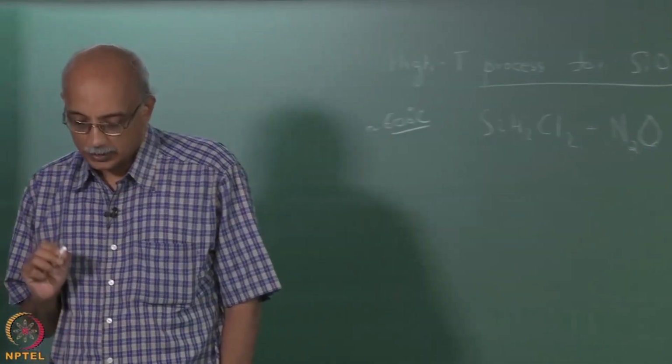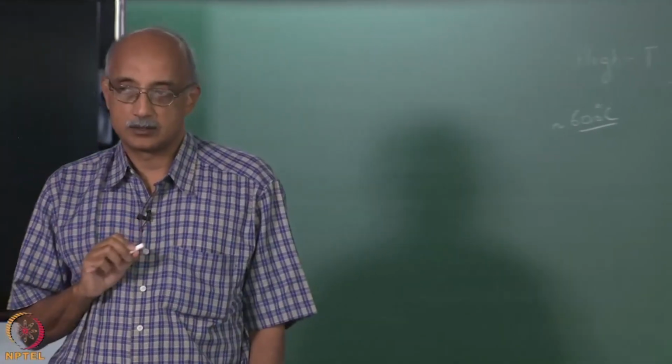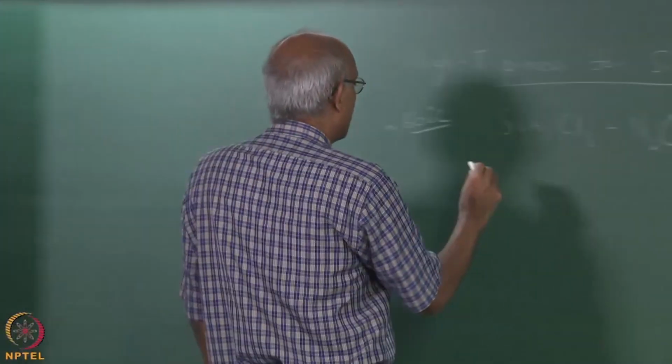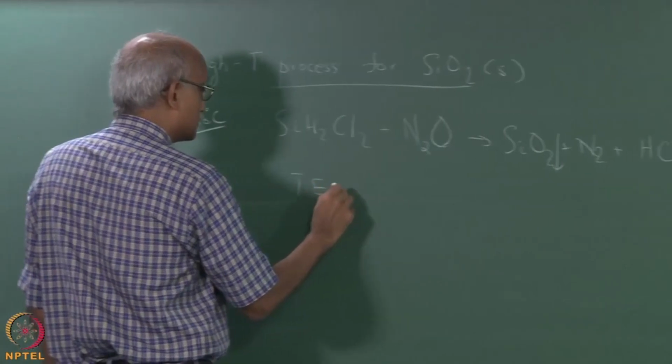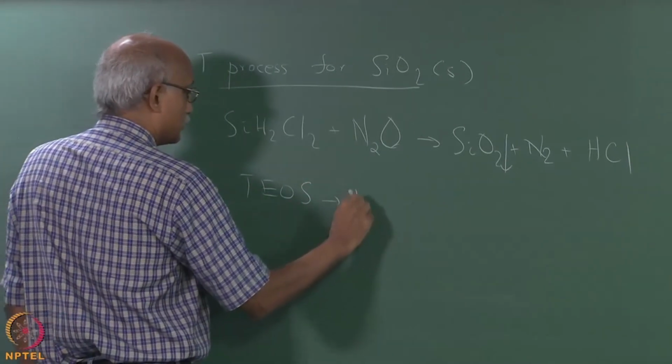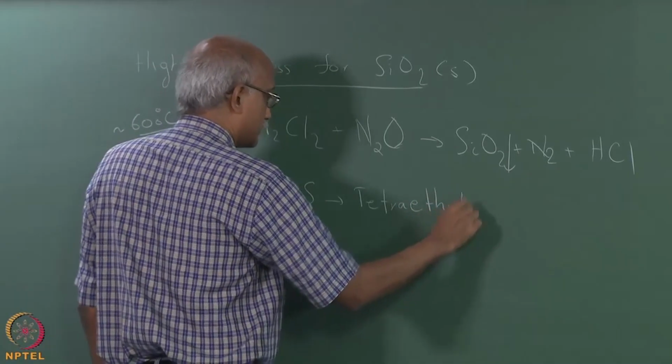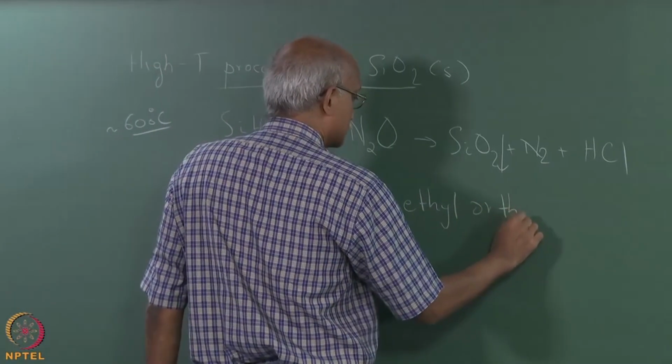But actually, the most common precursor to make SiO2 film is TEOS, which stands for tetraethyl orthosilicate.